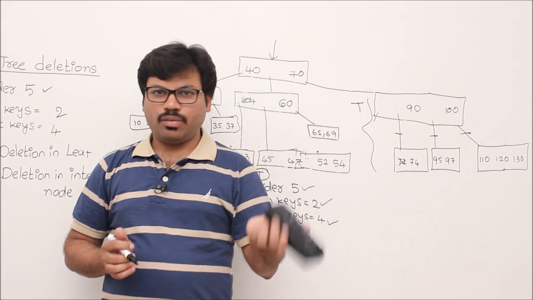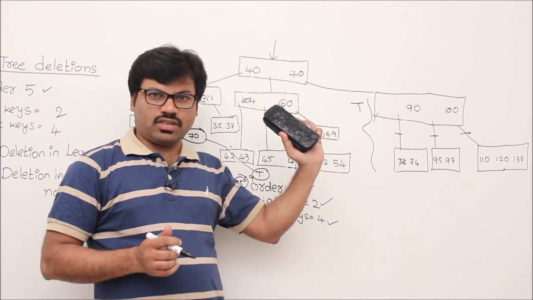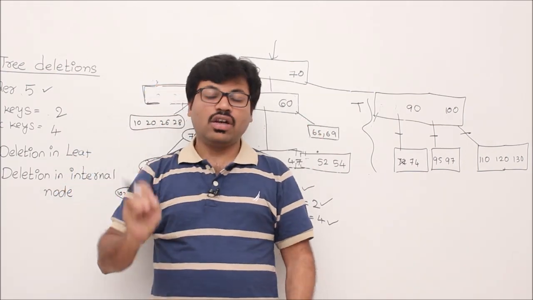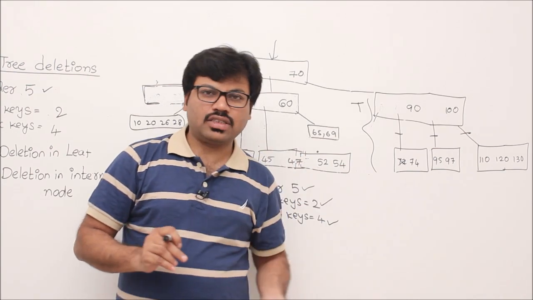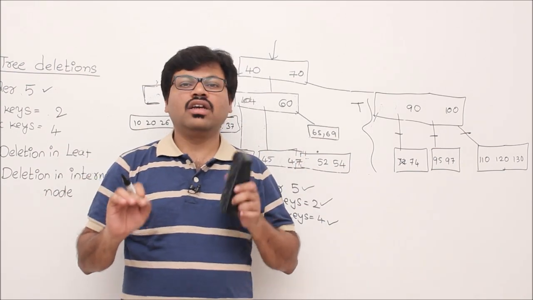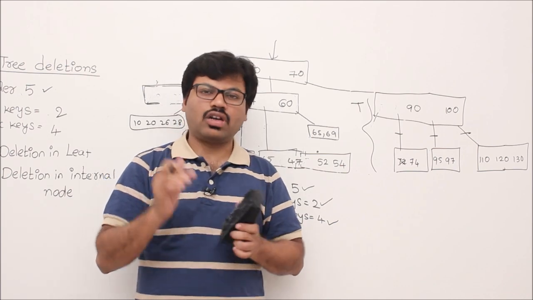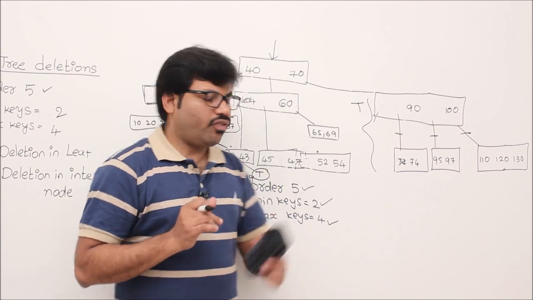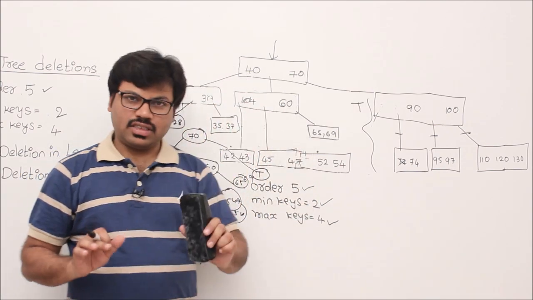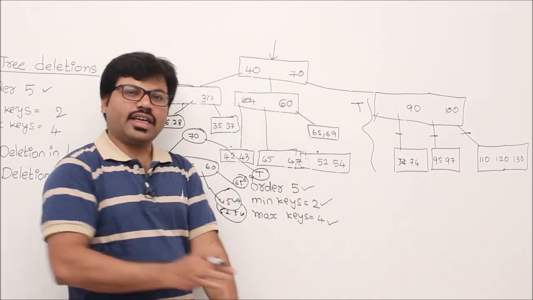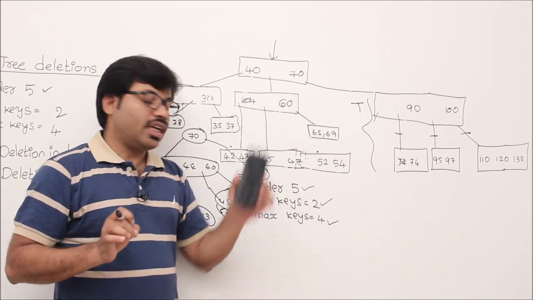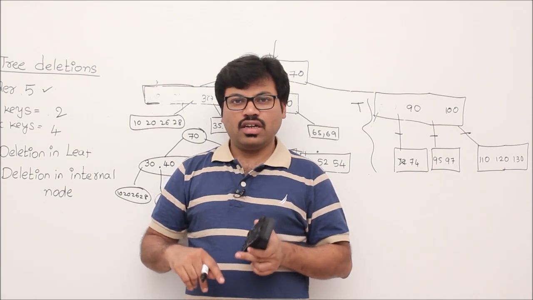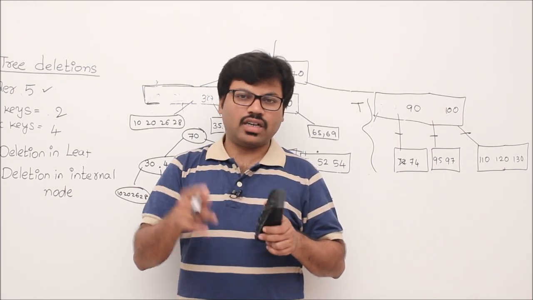So we go for in order predecessor, whatever it is. Otherwise you do one thing, always go for in order successor. Don't try to go for both in order predecessor and in order successor. The reason is it has a lot of block transfers, right? You might have this question in your mind, sir, if I go for in order predecessor and that node has exactly the minimum number of keys, but in order successor has a lot of keys, then why don't we prefer in order successor? But first of all, for that we have to go for in order successor, right?